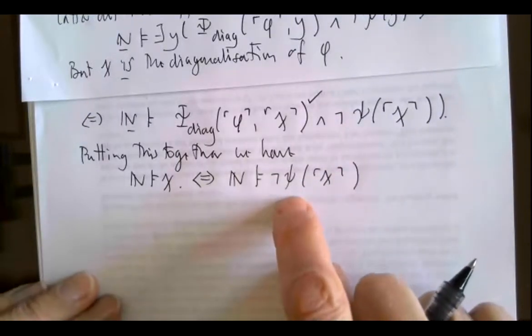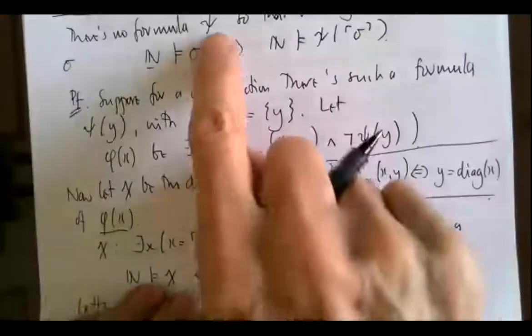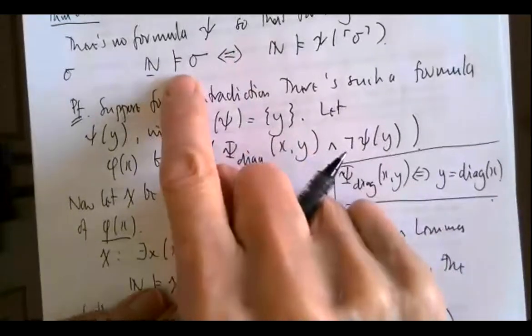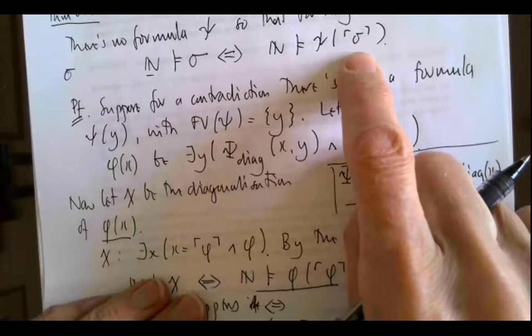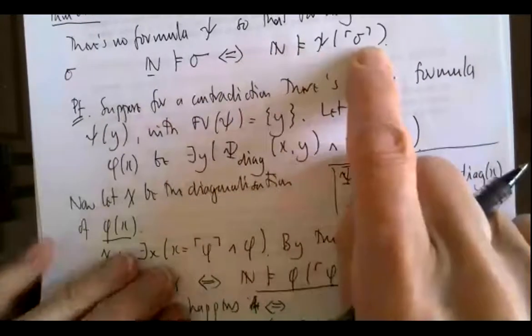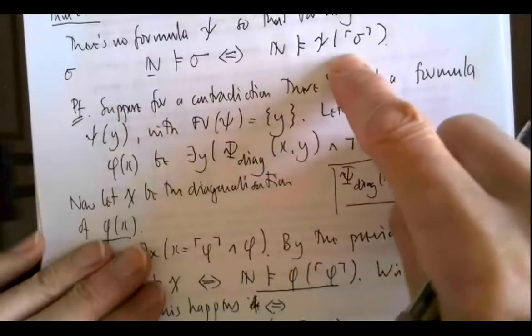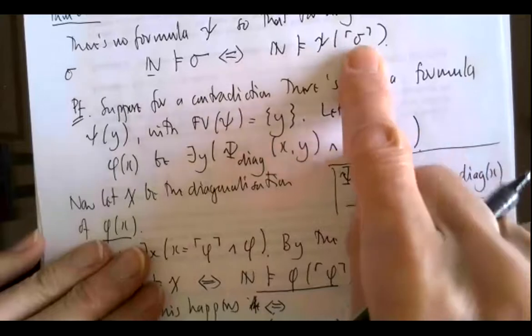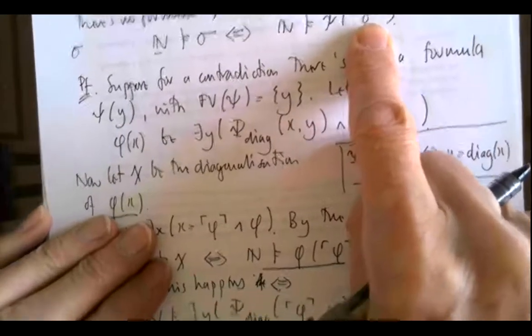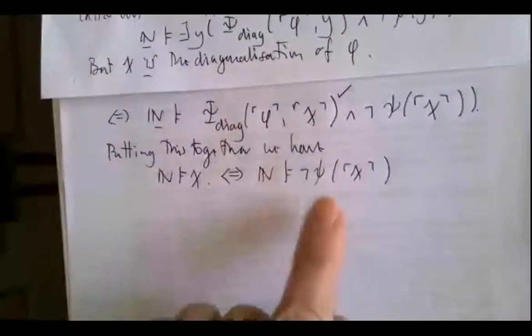But what is our supposition on our formula? The formula psi is supposed to be such that it's only true of numbers if they're code numbers of formulae that are true in N. So if psi is false of something that's a code number of a formula, this means the formula can't be true in N. And that's the situation that we've got down here.